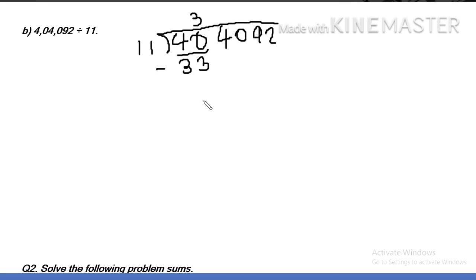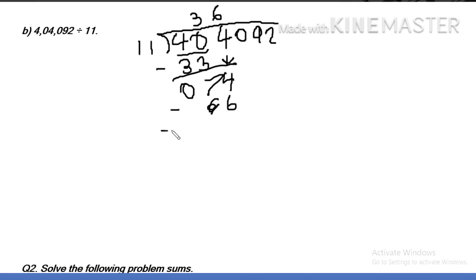So this will be 10 and 7, 0. 7 is smaller than 11, so we have to copy 4. 74. 77 is bigger than 74, so we have to take 6 times, 66.